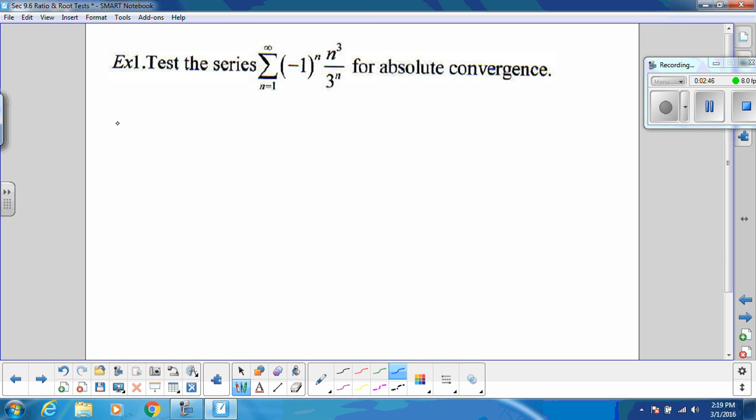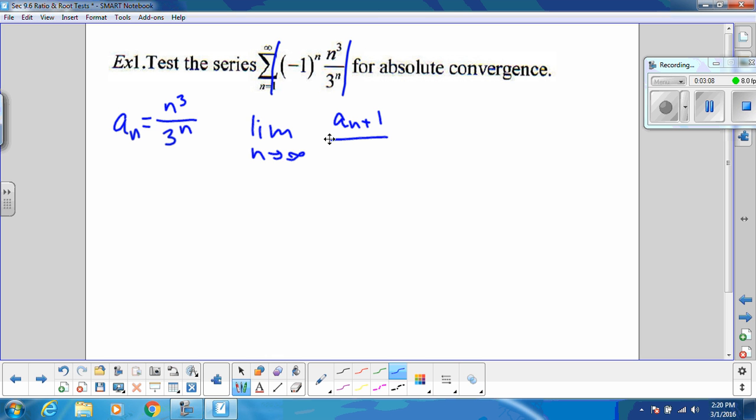Okay, so we're going to do the absolute value of this, remember. So we're really going to be testing our a sub n, which is n cubed over 3 to the n.